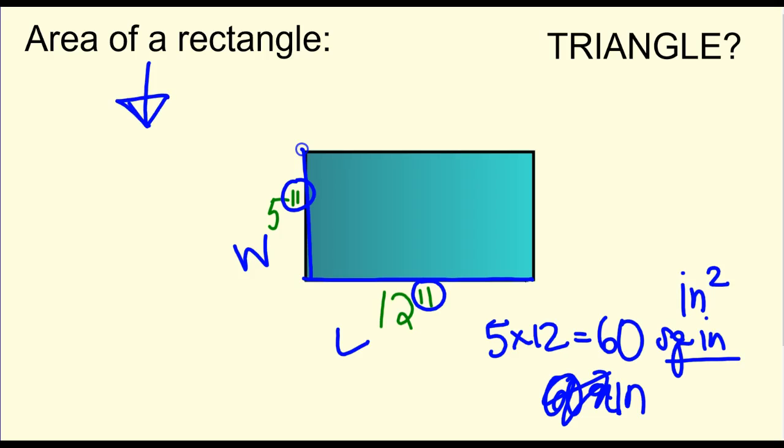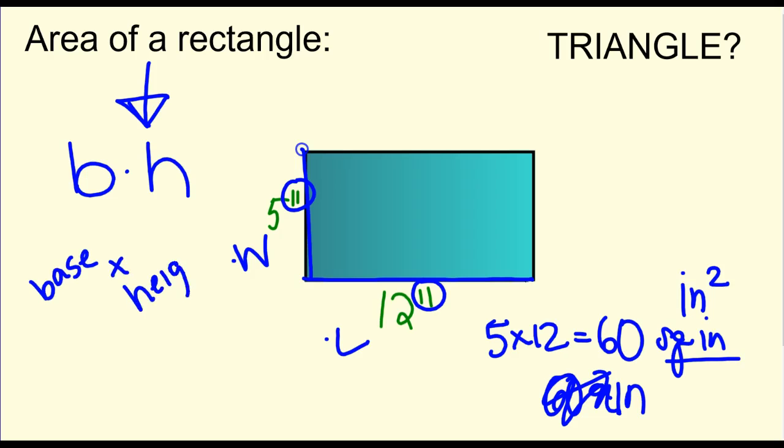There's a spot for you to write this formula in your notes. Instead of saying length times width, that works, but that's a more elementary definition of it. We're going to change it and say base times height. So write this down in your notes, but I would probably also write down the words base times height. That gives us the area of a rectangle.